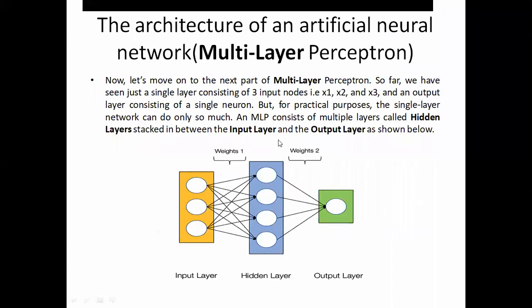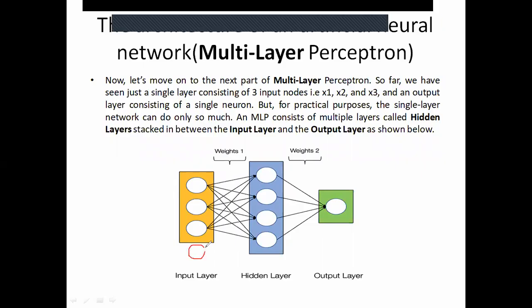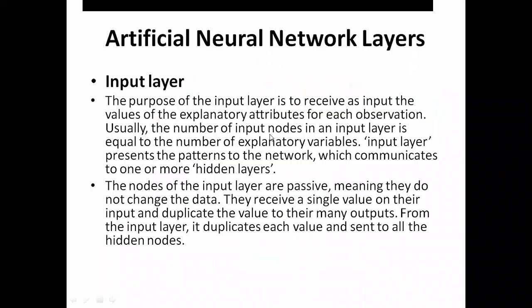In the IRIS database, there were 4 variables. So if you are having 4 variables, there would be 4 nodes in the input layer. One will be taking the petal length, another petal width, sepal length, and sepal width. That means the number of nodes at the input layer level is the same as the number of features that you are having in your data set. So that is the main thing of the input layer.